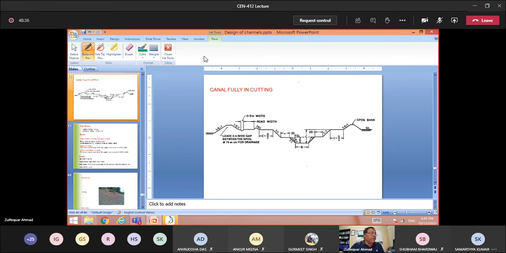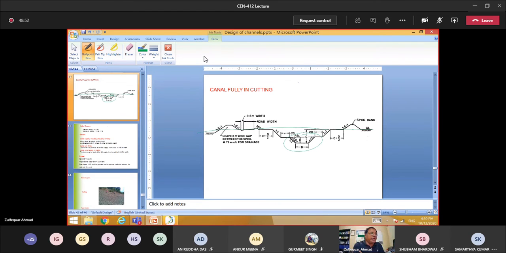Then you have the canal completely in cutting, right? You can see here your ground level is going like this. This is completely in cutting, and in that case you have to provide the berm.